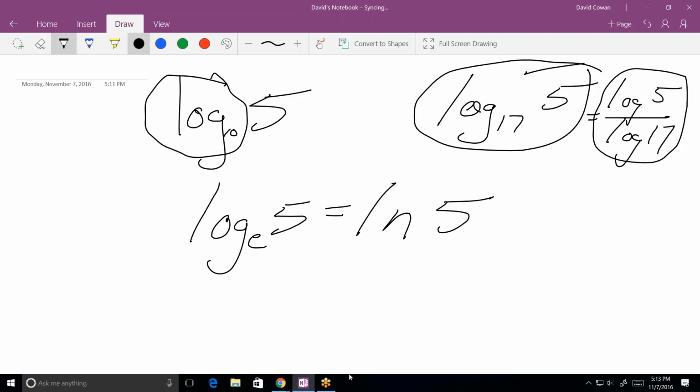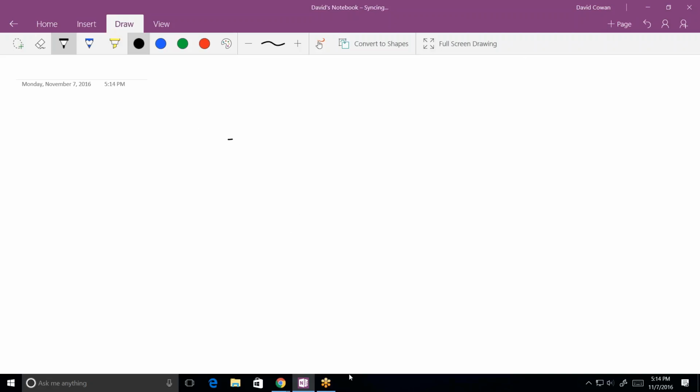That's not the reason that natural log is so important. Natural log is important fundamentally to calculus. When you're using logs in calculus, 99% of the time it's natural log. So on that previous problem where I said 7 equals 2 to the x, my tendency is I'm always going to use natural logs.